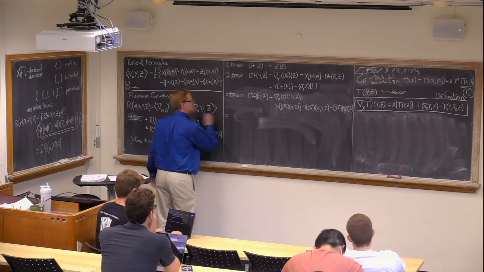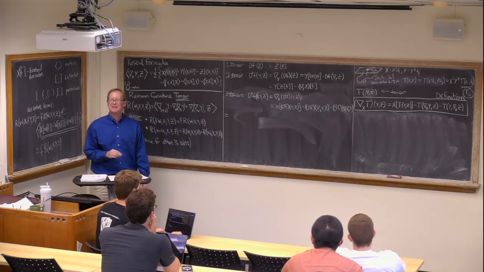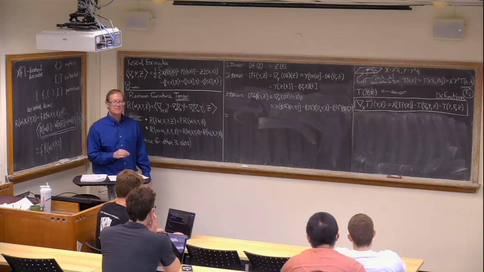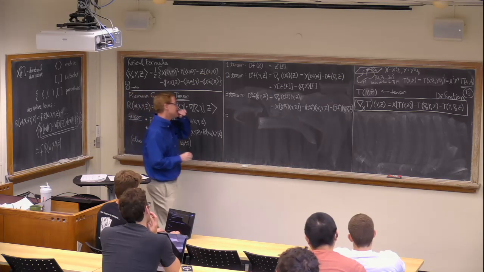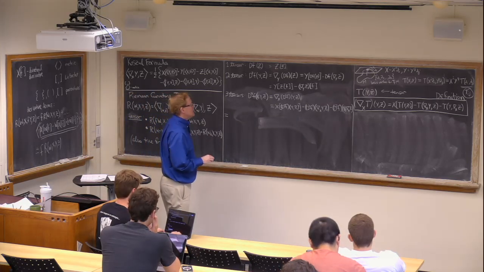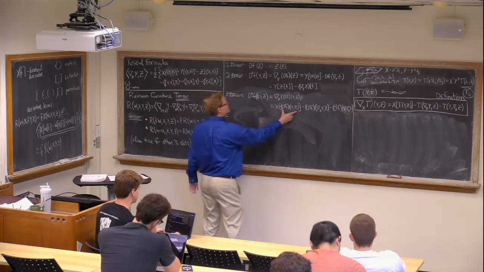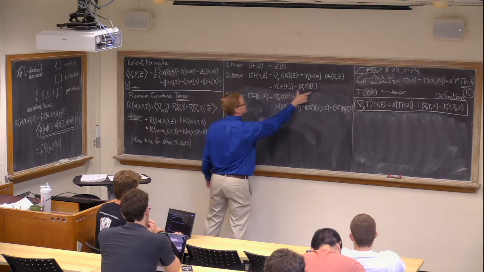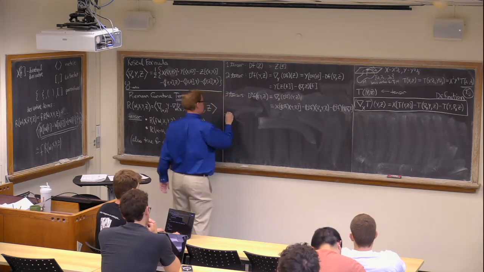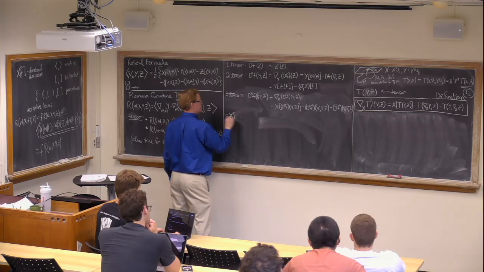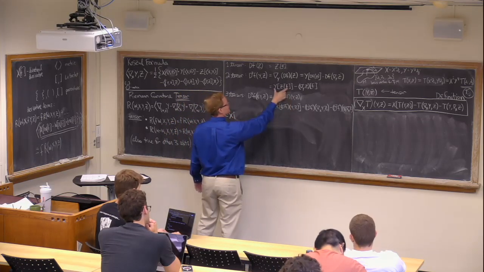Which equals? I have to come over here if you don't mind. Okay, we need some space. What is this? I got a formula for it. It's right there, right? So it's x of, and then just copy in this stuff.